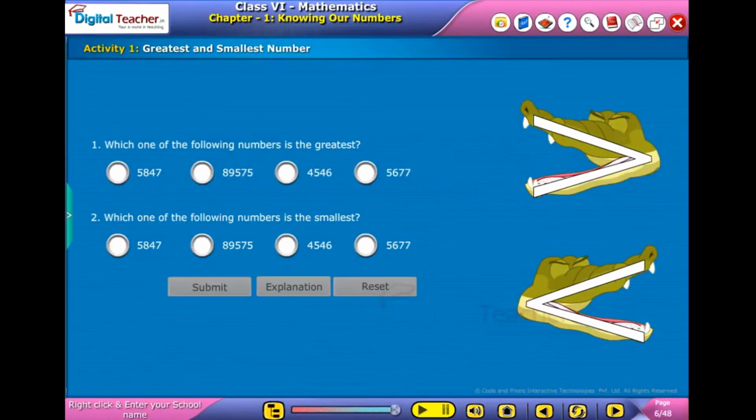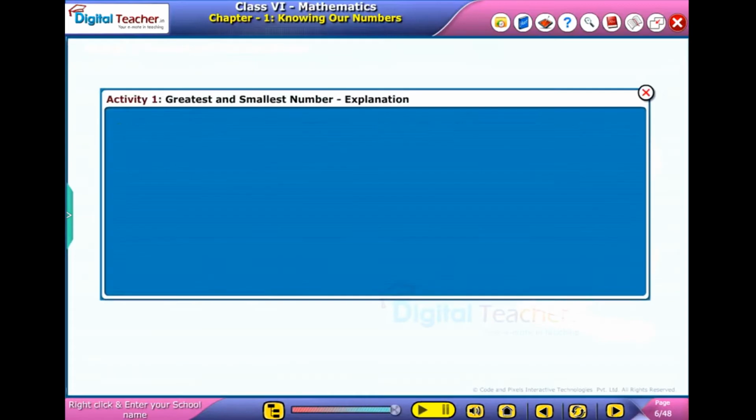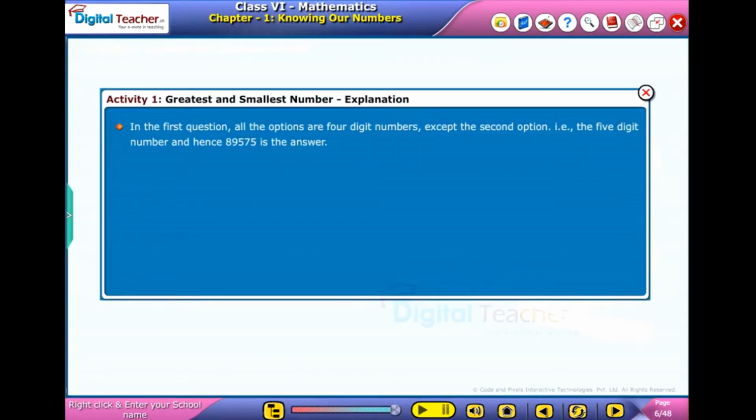Let us do a simple activity to find the greatest and the smallest numbers. In the first question, all the options are 4-digit numbers, except the second option, that is, the 5-digit number, and hence 89575 is the answer.